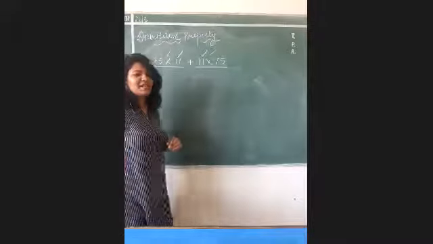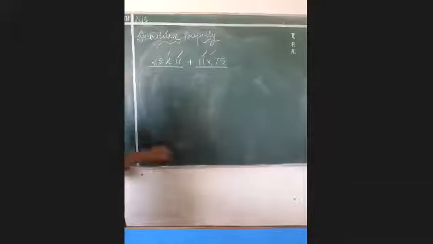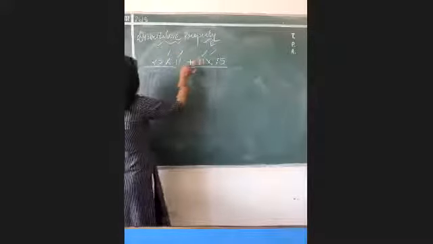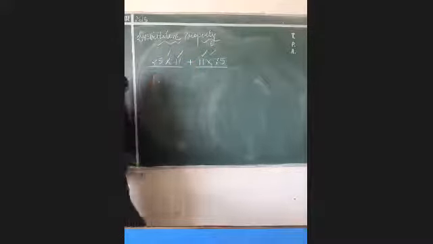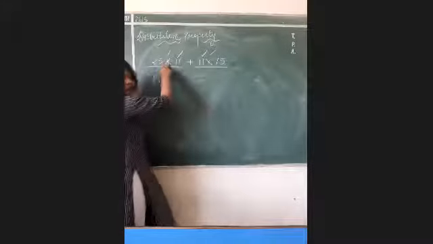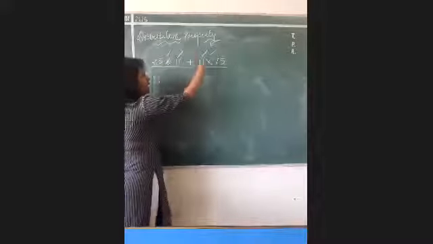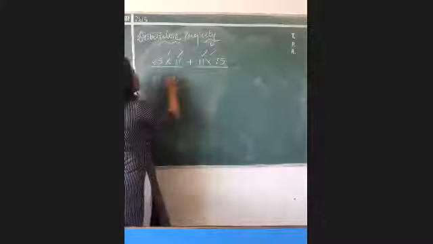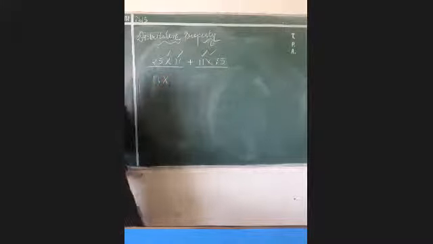Now let me tell you how. 11 is here also, 11 is here also, so I will take 11 common. Then the next thing, the sign of multiply is here also and here also. I will take that also common. And now I will have a bracket.